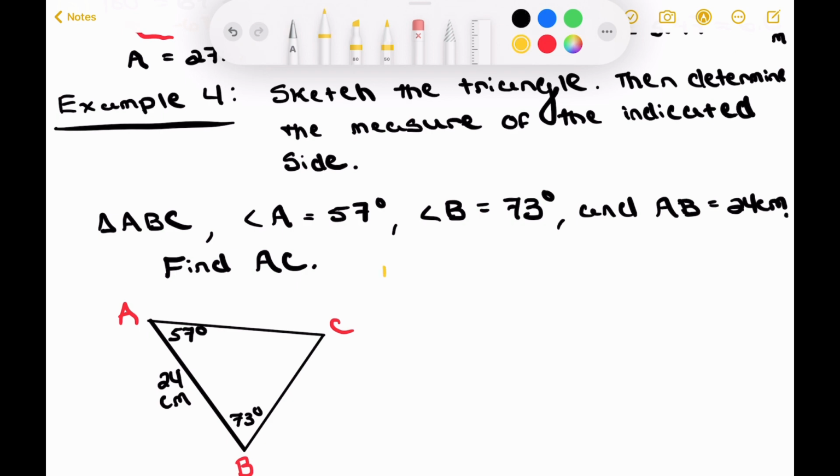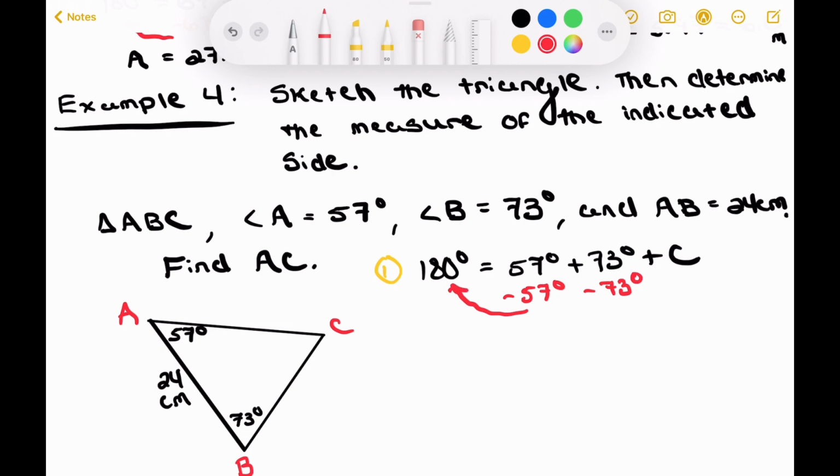So in step 1, 180 degrees is equal to 57 degrees plus 73 degrees plus some unknown C degrees, because we don't know the angle at vertex C. So we subtract off 57 degrees and 73 degrees from both sides, and when we isolate C, we get 50 degrees. So now we can fill in that C is 50 degrees.